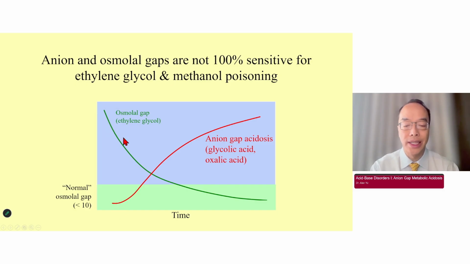Over time, and as you catch them later and later, they may have little or no osmolar gap because all of the ethylene glycol has been metabolized to the acids and the accompanying anions. And so these are worth taking note of when you're trying to interpret osmolar and anion gap and diagnose ethylene glycol, or for that matter, methanol poisoning, which works the same way.